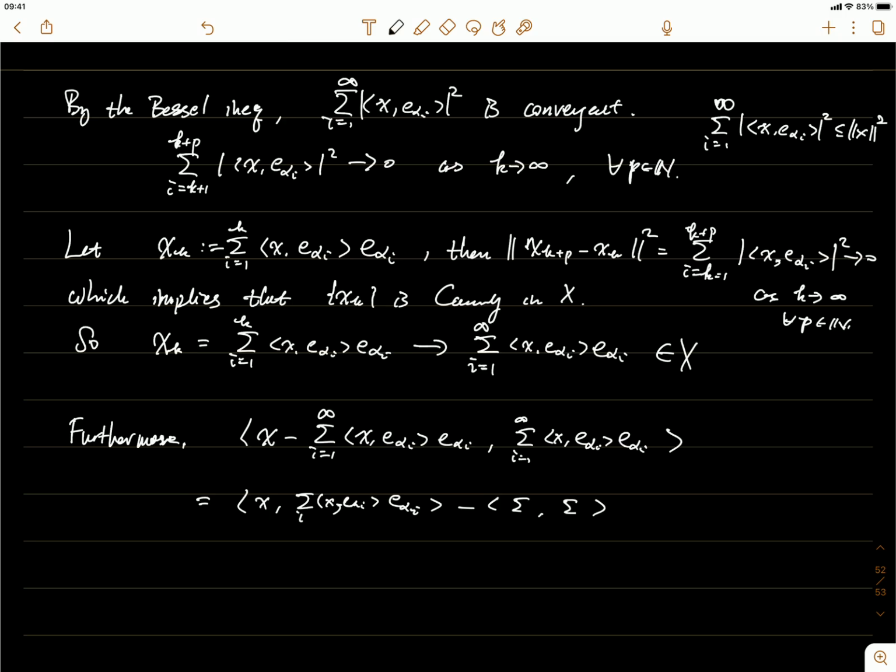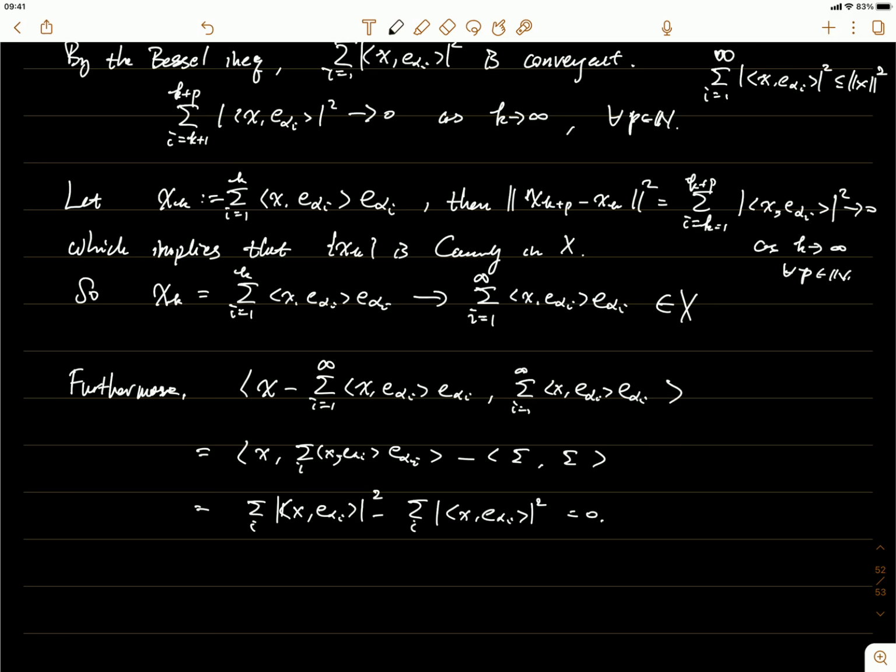Right, the point is that when you take the inner product of x with each of these, then you can pull this thing outside, and then essentially you just have the sum of x, e alpha i and again another e alpha i, so it's just this square, and the second term is the same. So this is essentially just equal to 0. And that means these two things are orthogonal to each other.